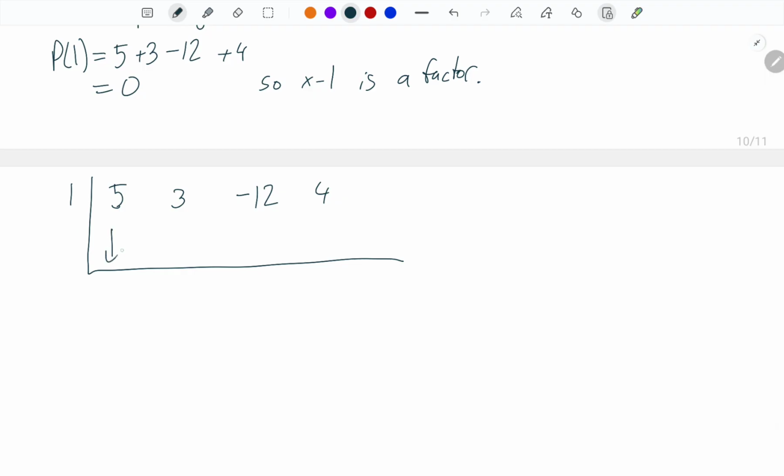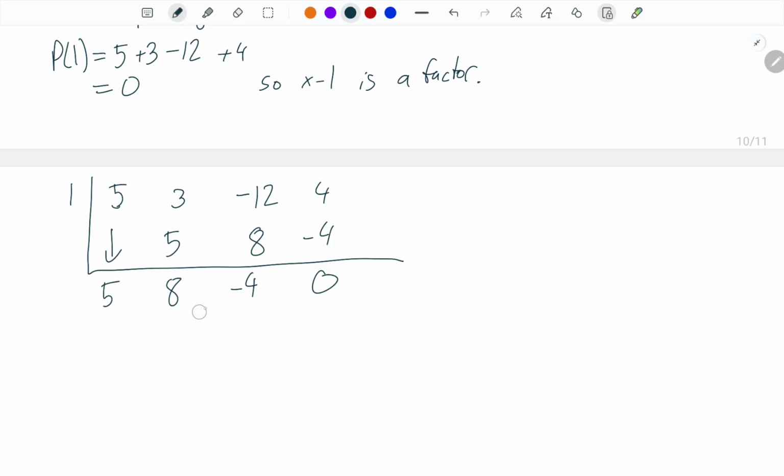So the 5 drops down. 5 times 1 gives you 5. 3 plus 5 is 8. 1 times 8 is 8. Negative 12 and 8 give you negative 4. And so negative 4 will go to the right and cancel out with positive 4. Remainder 0. That's good.